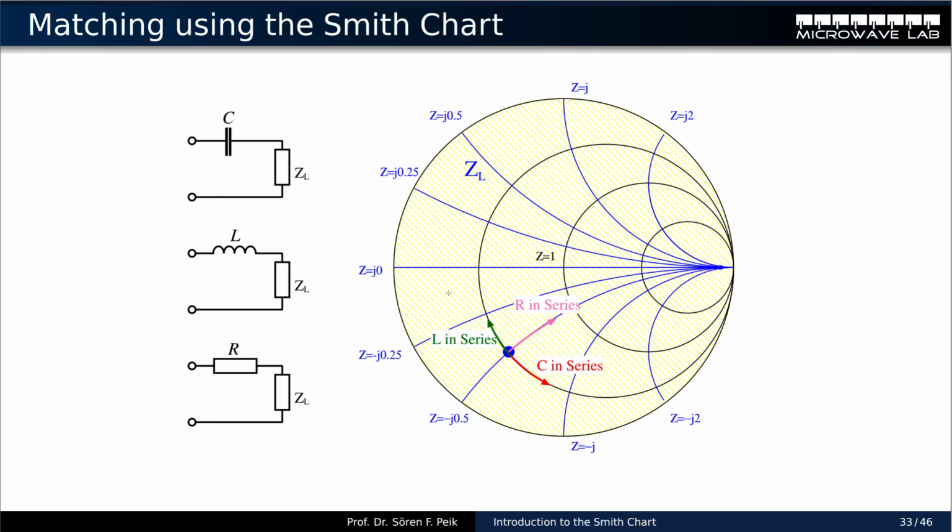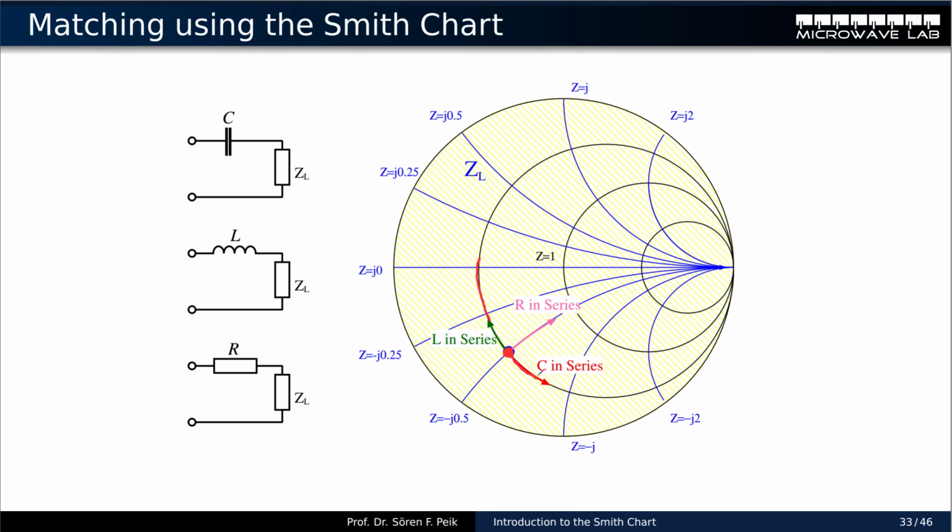Just to summarize, when you have a point here, and let's go back to the pencil. When you have a point here, well, when you put a capacitor in series, you decrease the imaginary part and the real part stays the same. So the real part is this circle, it stays the same, and the imaginary part becomes smaller.